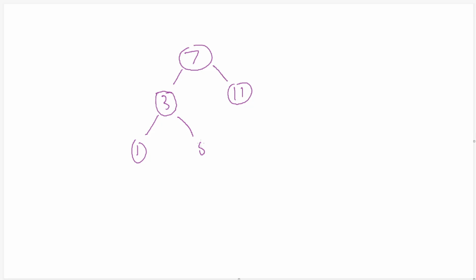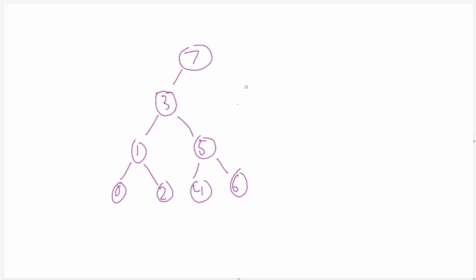1, 5, 0, 2. It's going to be 4, 6. And let me actually push this branch over here a little bit. So we're going to push 11 out over here. 11 is going to go down by 2, so we're going to have 9 here, and 13 here.